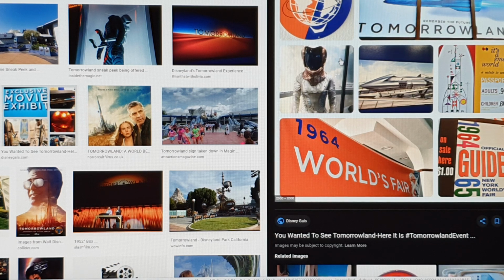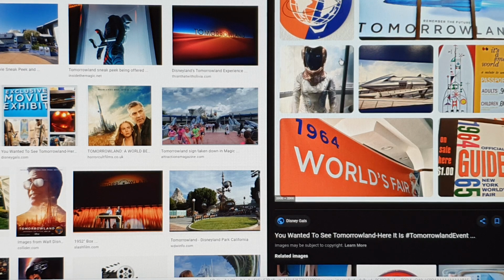But it is interesting that that was another Walt Disney project. I think that's probably another reason why they spent a lot of money on it, because it was something close to their heart, if you like, in the sense of what the World's Fair was.